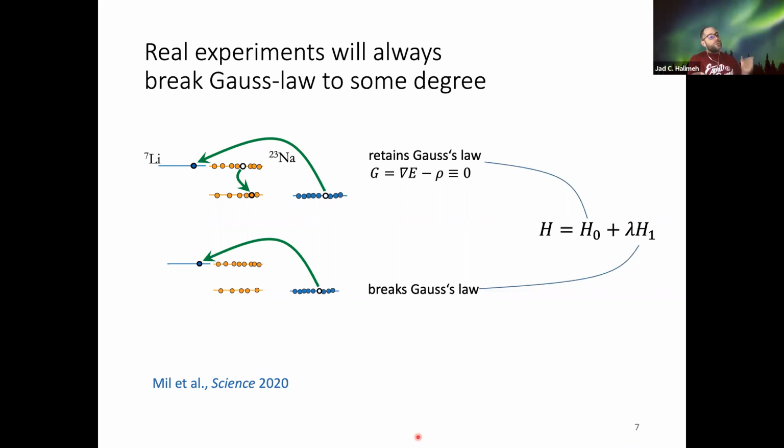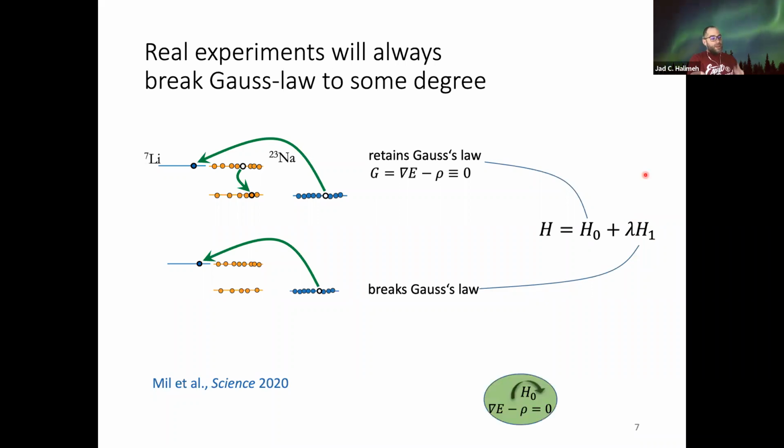We can now look at these faulty lattice gauge theory implementations and split them into two parts. We have H0, which is the theory that, if we were God, basically, we would be able to implement in an experiment. And lambda H1 are the gauge breaking terms, because I don't have infinite fine-tuning capabilities in an experiment. I will have these gauge breaking terms H1 at a strength lambda.